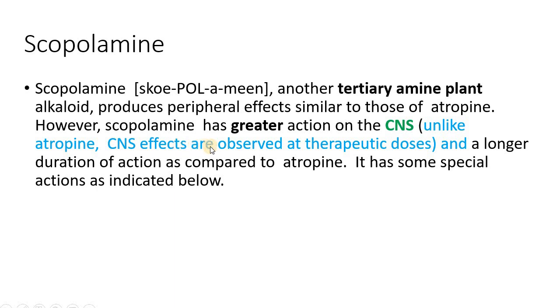And unlike atropine, CNS effects are observed at therapeutic doses. So even if you give scopolamine at a therapeutic dose, it gives central nervous system effects. In the case of atropine, a high dose, other than the therapeutic dose, can cause CNS effects. But in the scopolamine case, the CNS effects are greater as compared to atropine. This is the major difference between scopolamine and atropine.